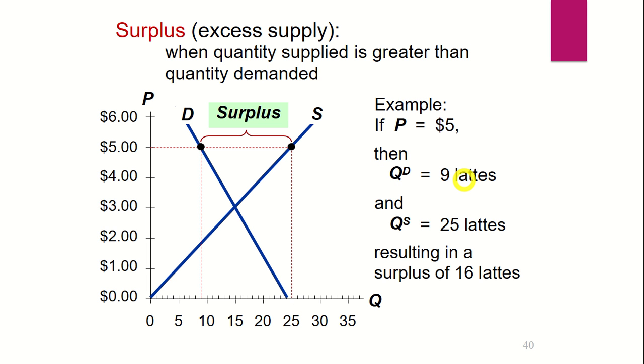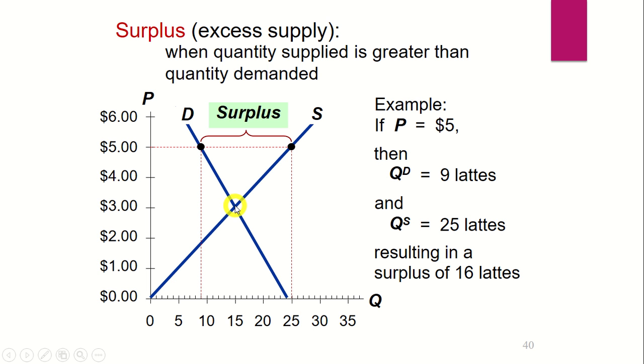Here we are taking an example, and in this example there is equilibrium at price $3. You can see here that at price $3 there is equilibrium.